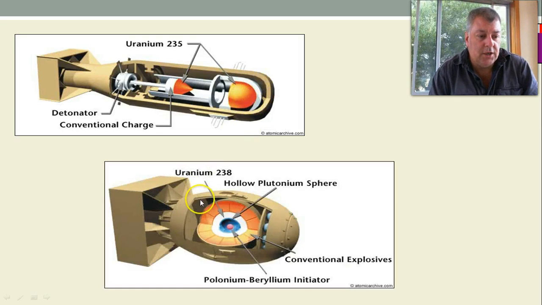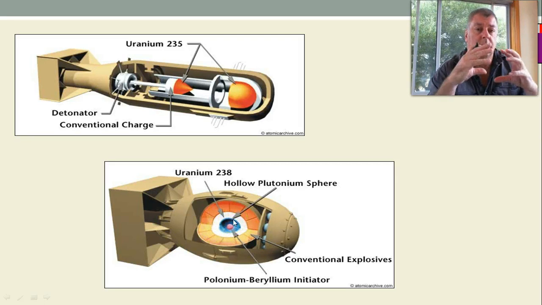Another variation is quite a complicated one, but the principle's the same in a number of different ones. They have uranium-238 as a sphere, but it's a hollow sphere, and it's not the critical mass. It's not dense enough to actually cause fission to occur.